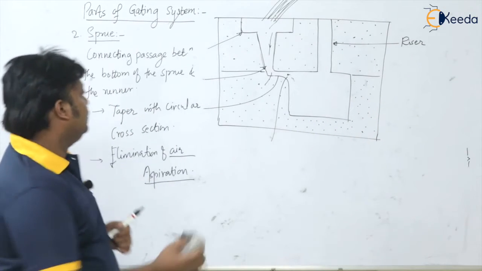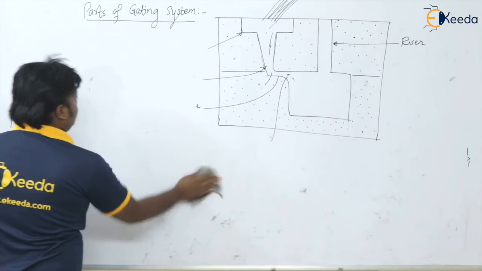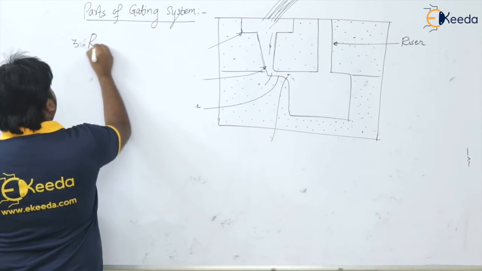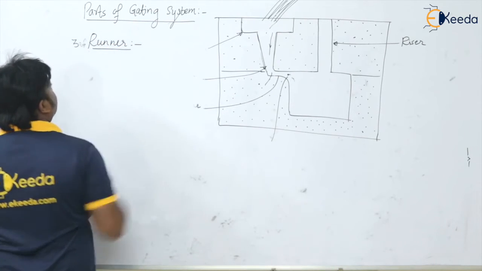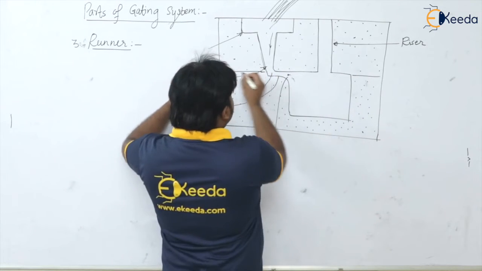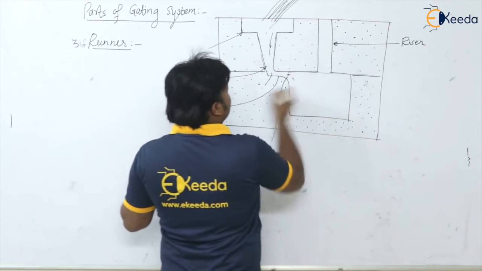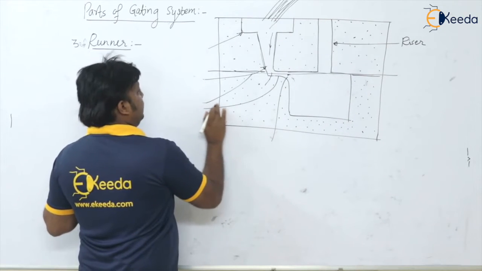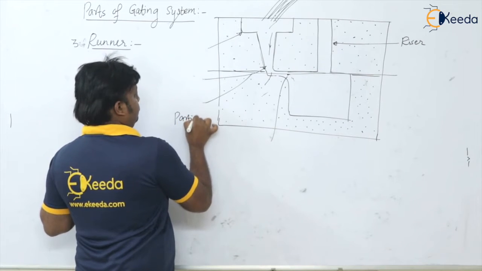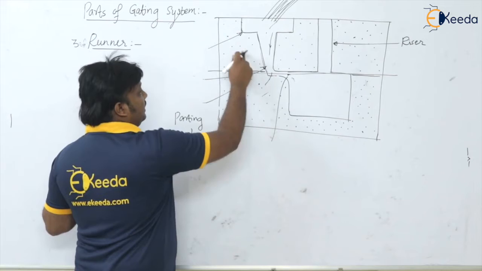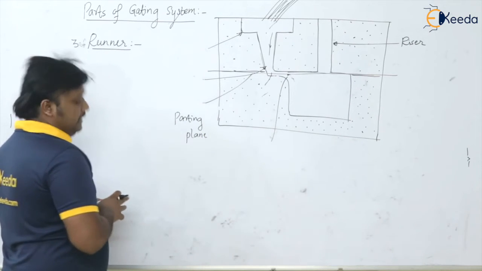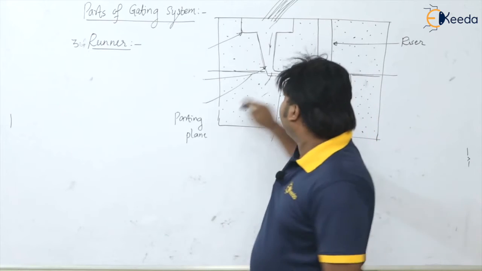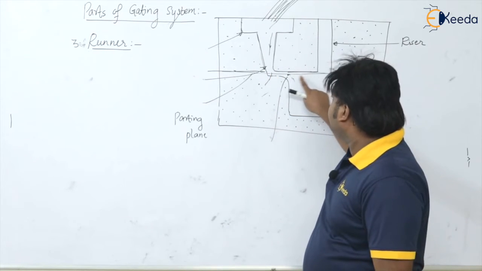Now the third thing is the runner. The runner is basically placed in the horizontal plane, and this horizontal plane is the parting plane, where the cope and drag of the mold box get separated. So the runner is placed in this parting plane, and it is the connecting passage between the bottom of the sprue base and the ingate.